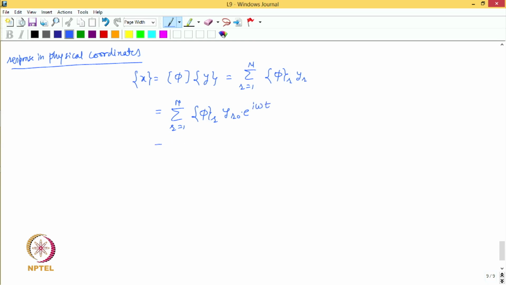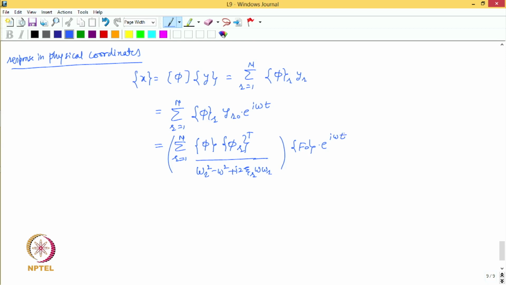If we substitute the y_r0 we got on the previous page, then we get phi_r transpose divided by omega_r square minus omega square plus i 2 zeta_r omega omega_r, and then we can write the vector F naught outside this, with e to the i omega t, because F naught is basically a constant vector for this summation, correct.